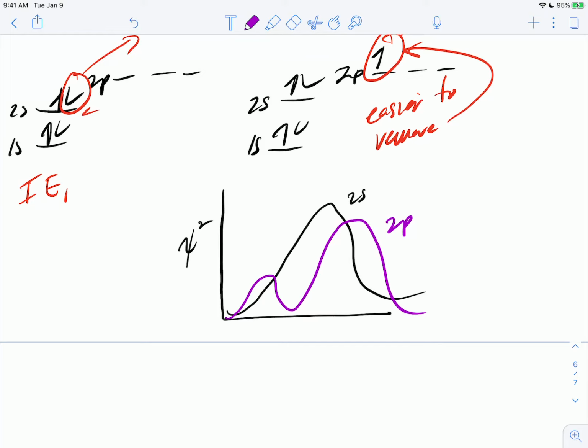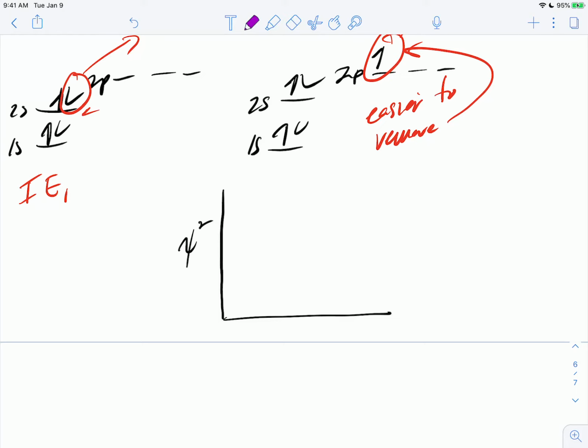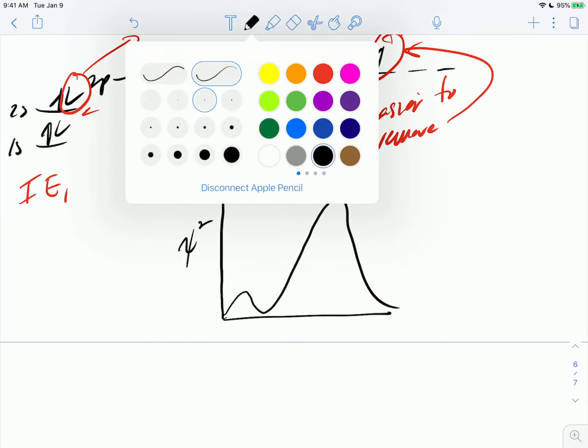Actually, let me redo those real quick. We'll do the 2s first in black. The 2s has a little hump. And the 2p.